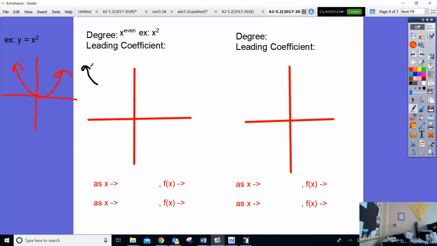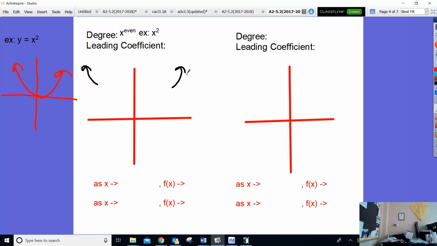The end behavior looks like this. So it starts high, dips, and then something happens in here. As x moves to the right, so does y. Y goes up. As x moves to the left, it still happens to y. It goes up.